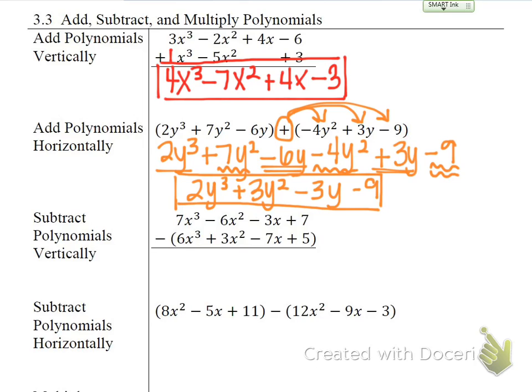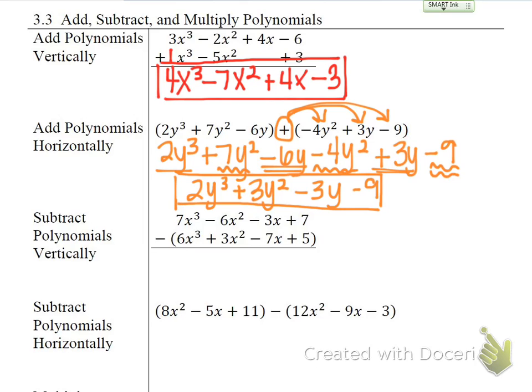Okay, guys, so if we are subtracting, you can do the same thing. You can stack them and subtract vertically, or you can line them all up and subtract horizontally. So let's look at subtracting vertically first. I have 7x to the third minus 6x squared plus 3x, or minus 3x plus 7, okay? And then I'm subtracting the polynomial 6x to the third plus 3x squared minus 7x plus 5.